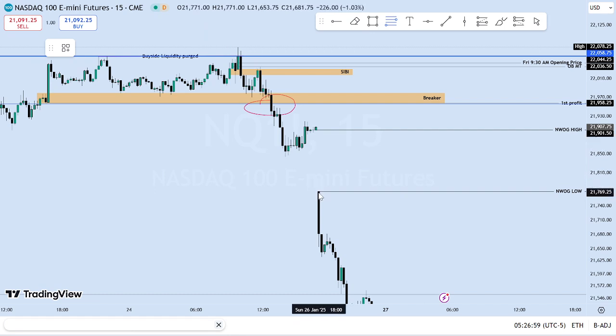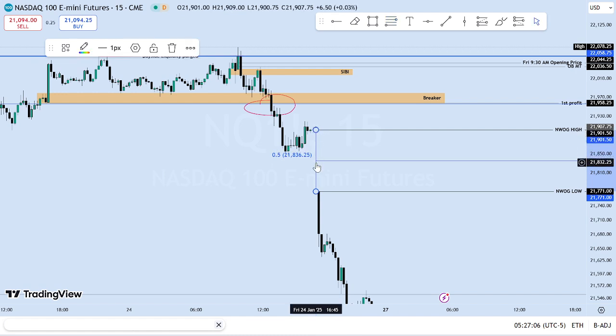You anchor from the opening on Sunday midnight to the high of the Friday close, the 50% level of the Fibonacci. That's the consequent encroachment of the new week opening gap.